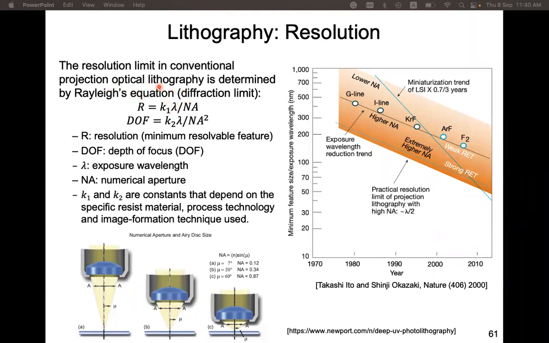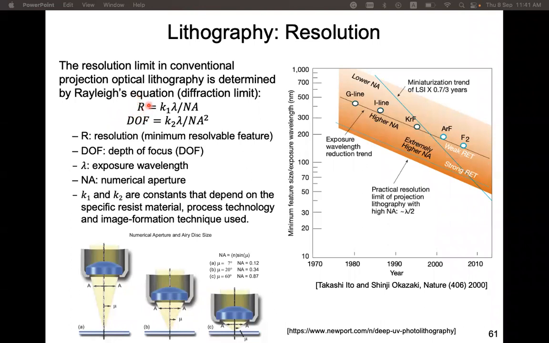And this resolution limit is determined by the famous Rayleigh's equation, the so-called diffraction limit. This is something that you could learn in depth in an optics course in EE, but we are not going to dig into that. Here, I just use the result.